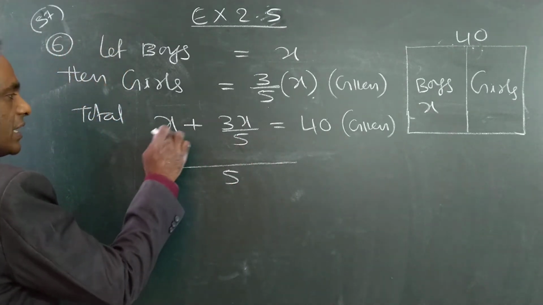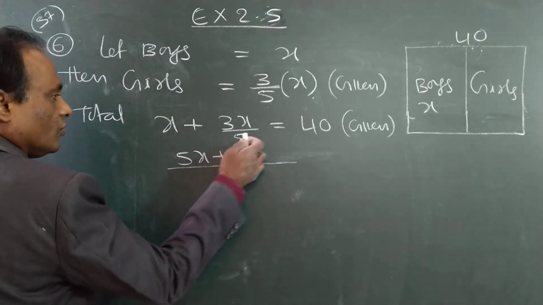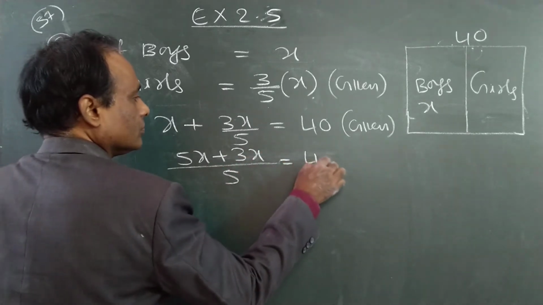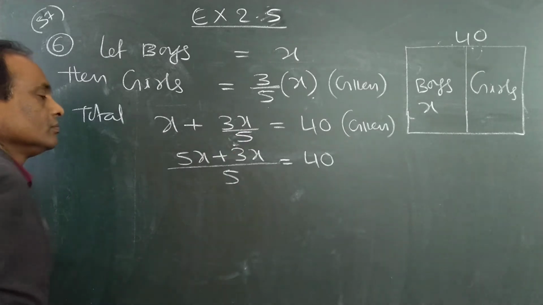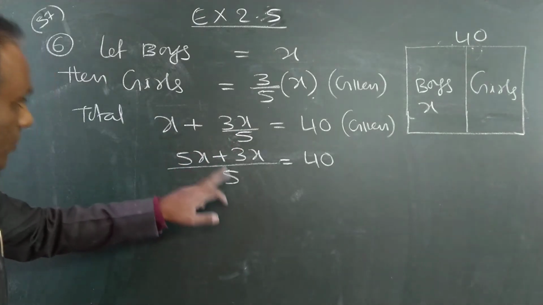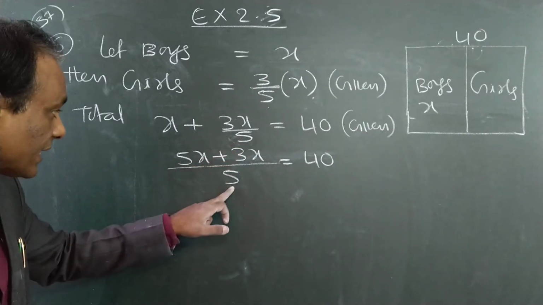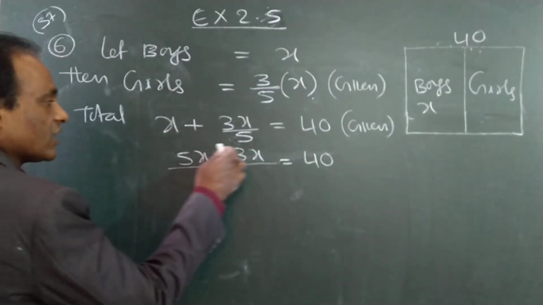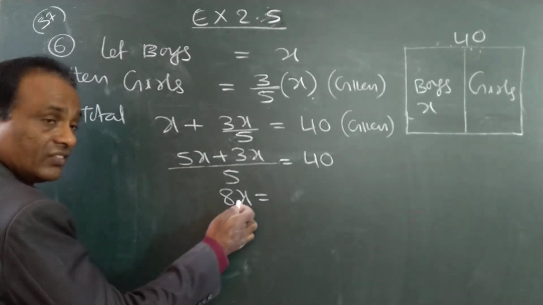If there is no denominator, take it as 1. 1 5 times 5x. 5 1 time 3x. You know how to add the fractions. 5x plus 3x is equal to 40. 5x plus 3x is 8x. 5 plus 3 is 8.